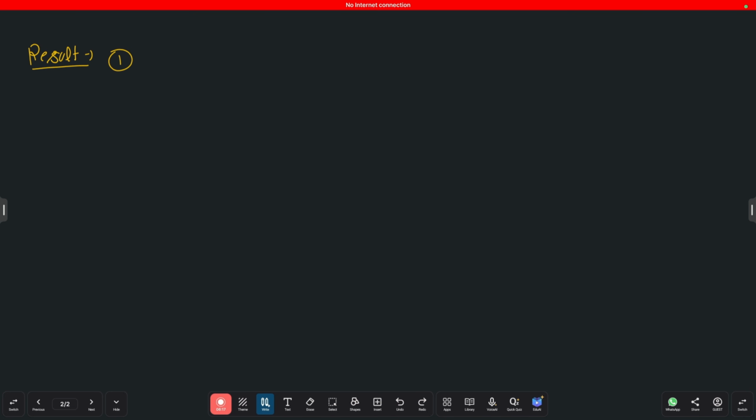Suppose they add some condition, if they say I want some letters together, suppose in Allahabad all A together, so I will write two results. First result: the number of permutations of n different, or you can write distinct, things.